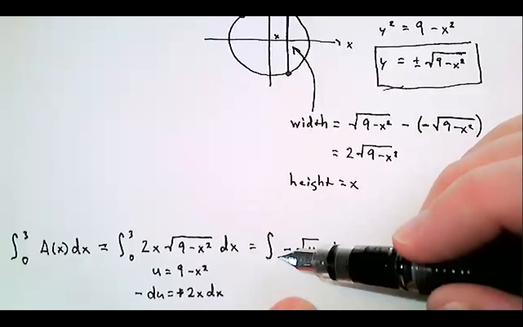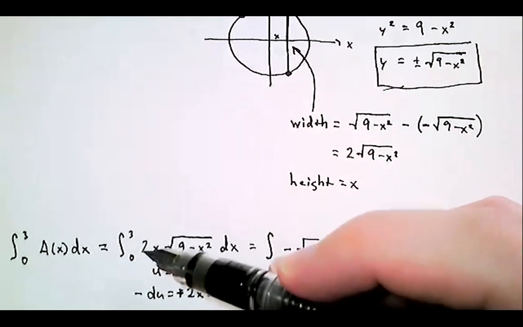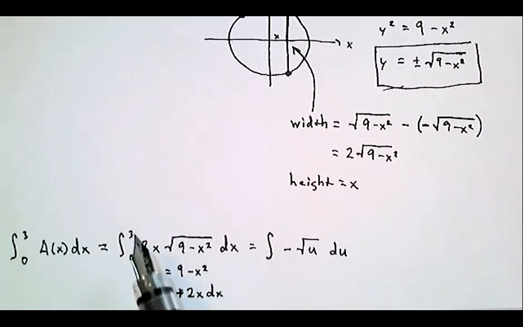What happens to my limits of integration, the 0 and the 3? Okay, so no one's leaping at that question. There's a couple ways to handle the limits of integration. One way is to not change anything about them, and after you do this integration, you switch back to x's.